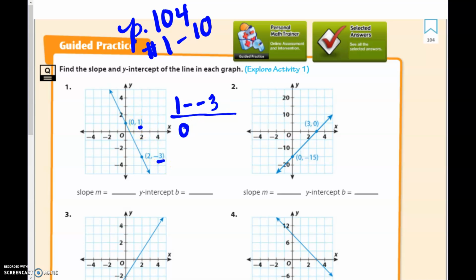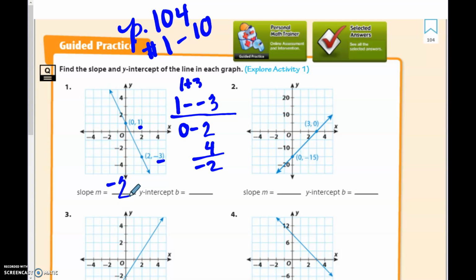So we're going to do 0 minus 2. Well, 1 minus a -3, remember this says the opposite of a negative, so what we're really doing is 1 plus 3. So we get a 4 on top, and we're going to divide by a -2. So 4 divided by a -2 is -2.